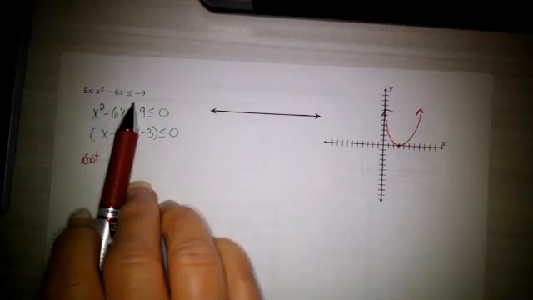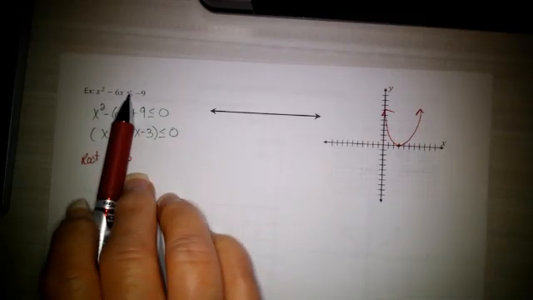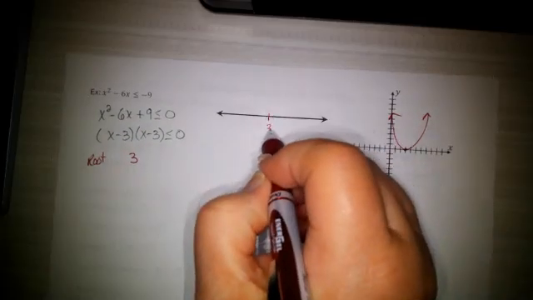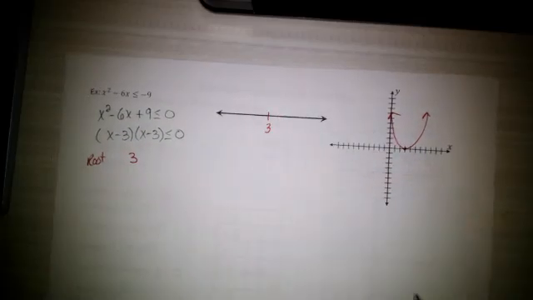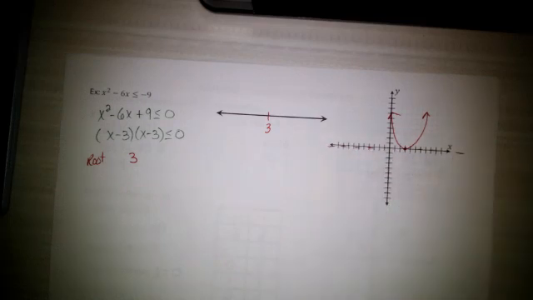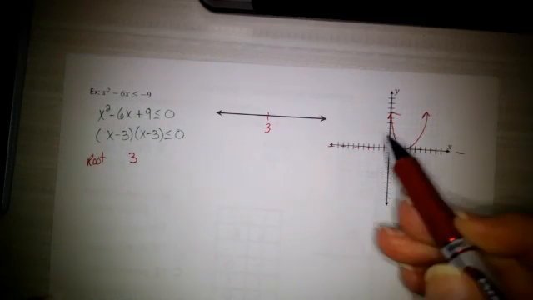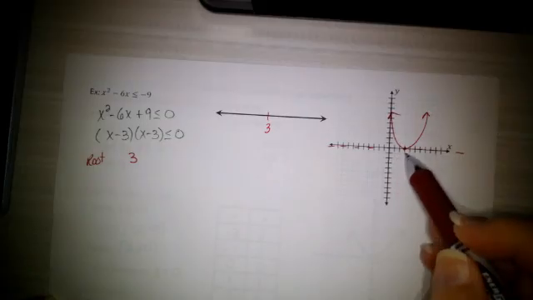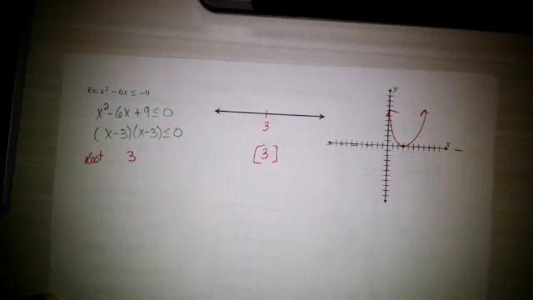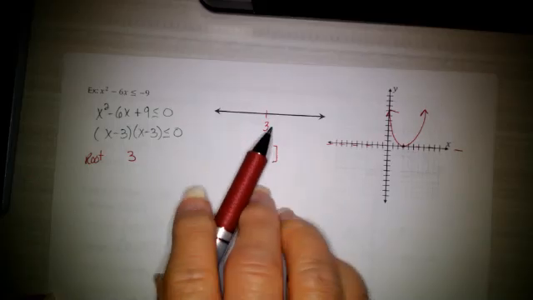And the question is asking me, when is this less than 0? Well, let's see. Is this graph ever less than or equal to 0? Well, it's never less than 0, but it's equal to right at 3. 3 would be the only value that could make that work. Now we can check either side.